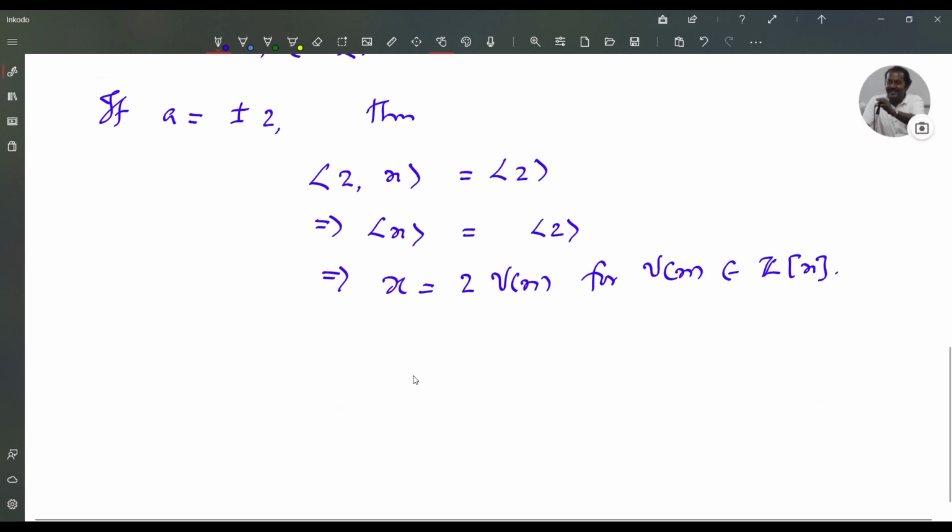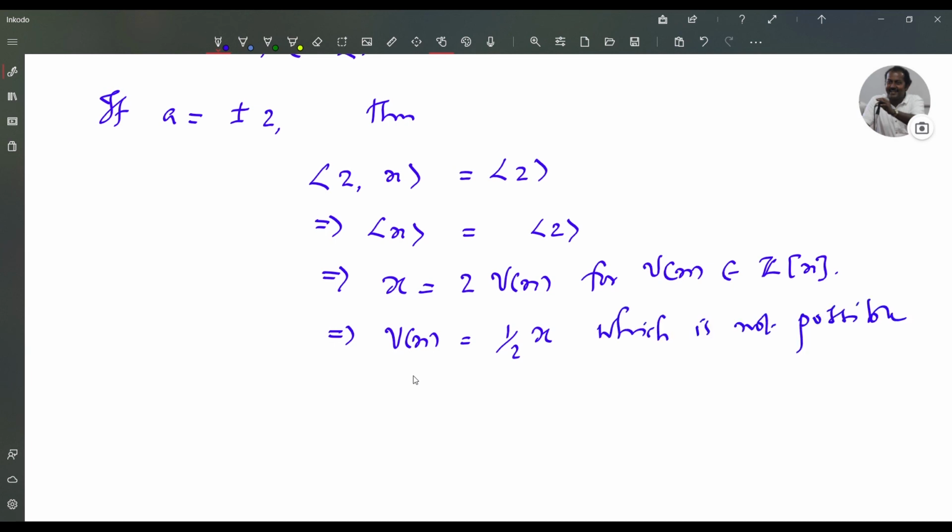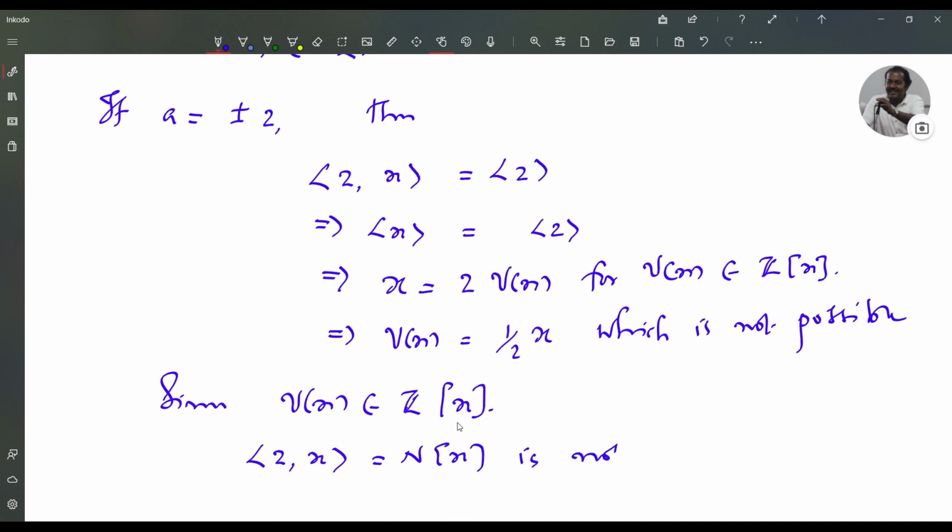So this implies v(x) is equal to 1 by 2 times x, which is not possible since v(x) belongs to Z[x]. Therefore, the ideal generated by 2x, that is N(x), is not principal. Therefore, Z[x] is not a PID.